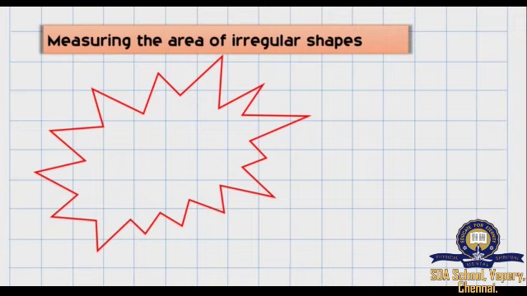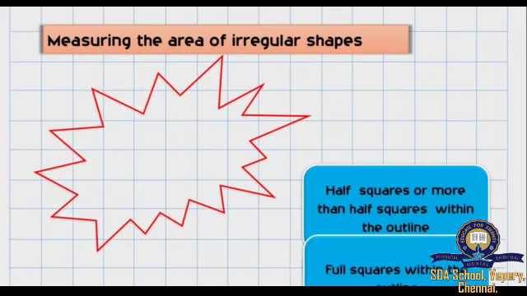For example, let's say there are 15 squares present within this. Each area is 1 centimeter square, so 15 into 1 is 15 centimeter square. By counting itself, we can find it approximately, it's not accurate, we are just counting and finding, right? So it's only an approximate measure of the area.